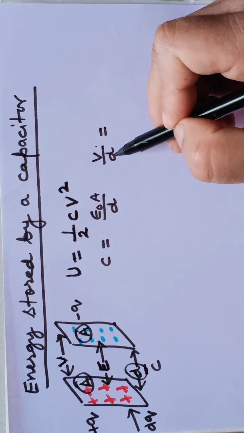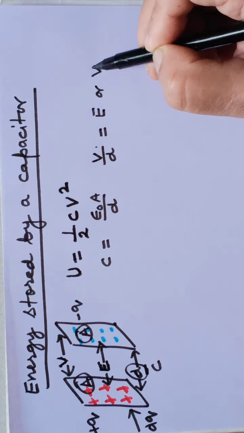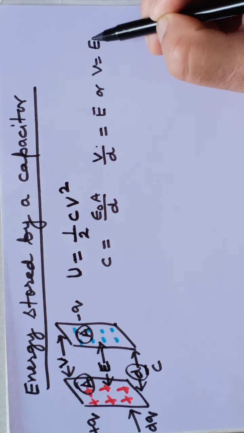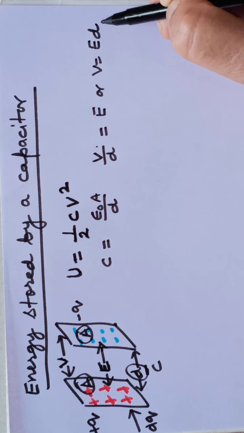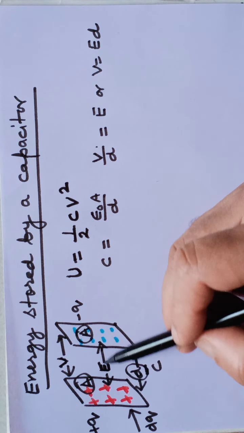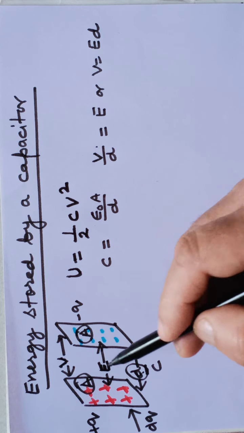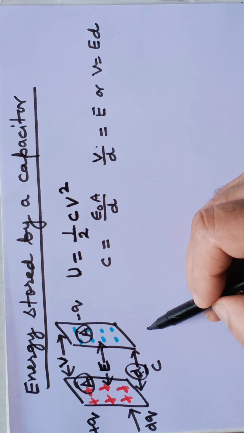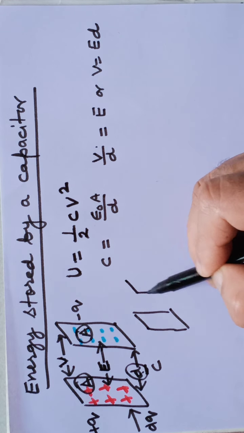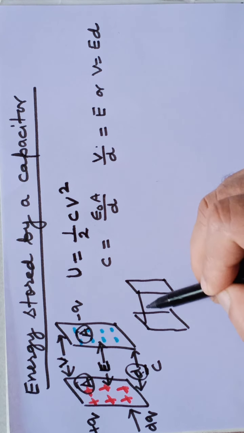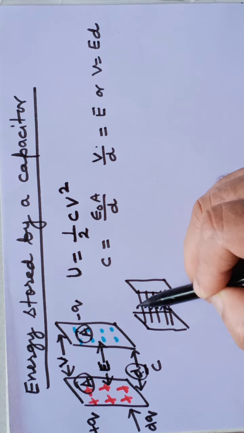V upon d is equal to E, or V is equal to E into d, electric field intensity into distance. So electric field intensity is existing between these two plates and this is the distance. Recall that the electric field between the parallel plate capacitor is uniform and shown by parallel lines.